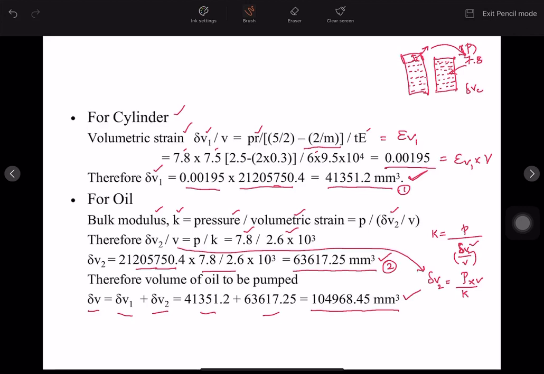That is why we are calculating two volumes: one is delta Vc, the change in volume of the cylinder, and the other is delta Vo, the change in volume of the oil which we need to add into the cylinder. By adding these two values, we ultimately get how much oil we need to pump into the cylinder.